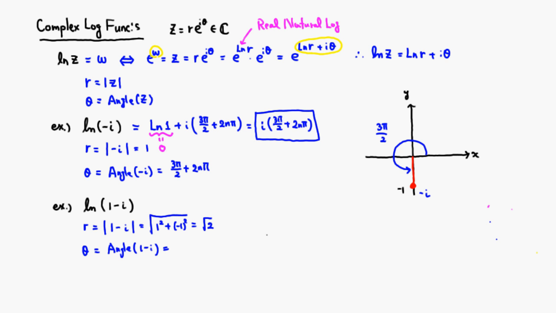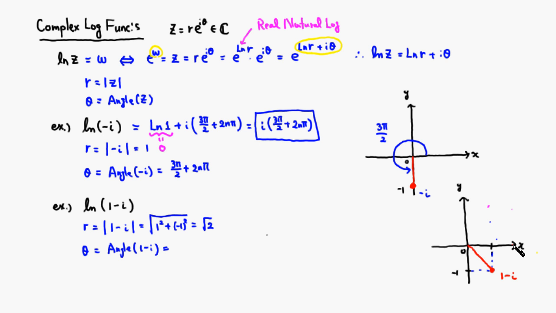Let's draw a picture again. Here's the y-axis. The real part is 1, so you have 1 here, and the imaginary part is negative 1, so the point is right here. This is the point 1 minus i.